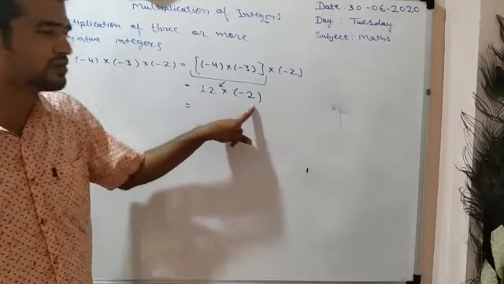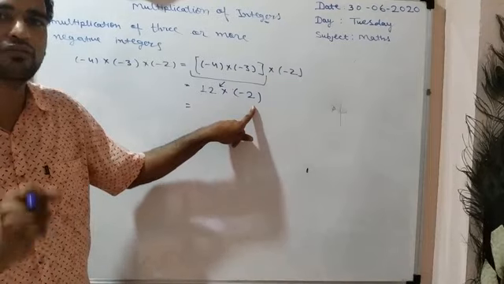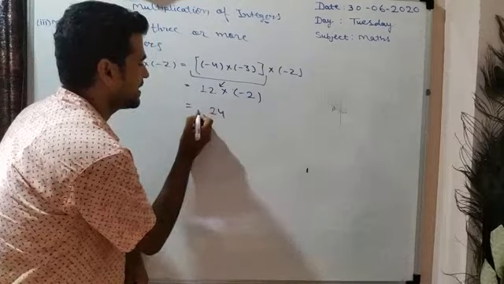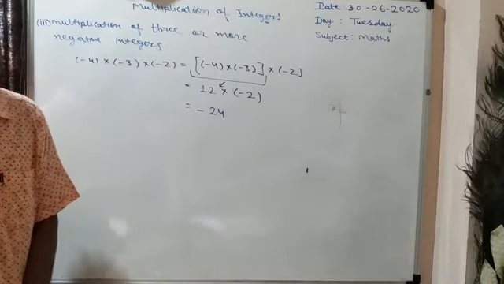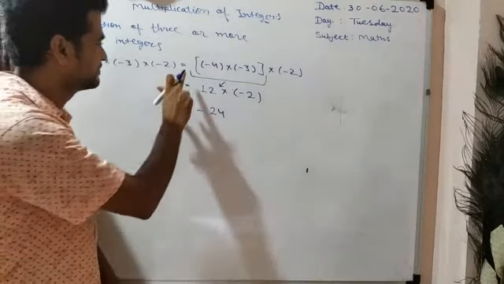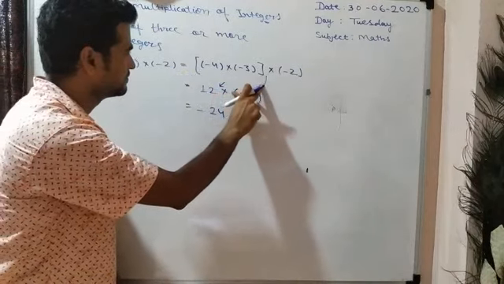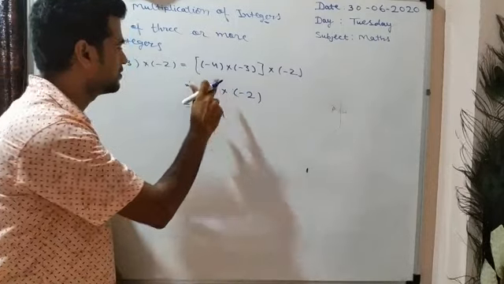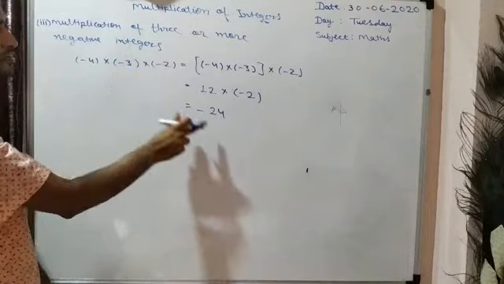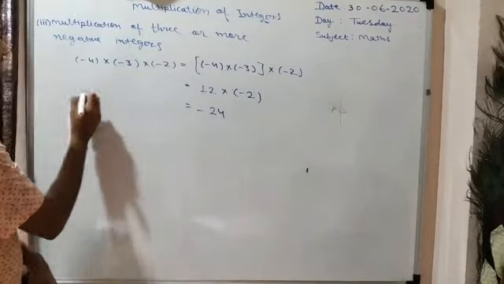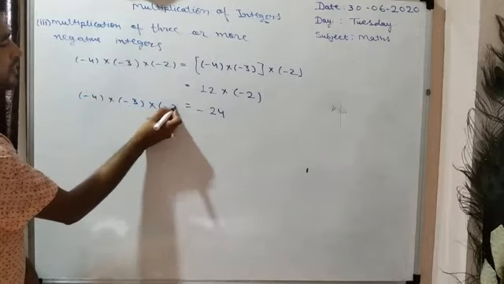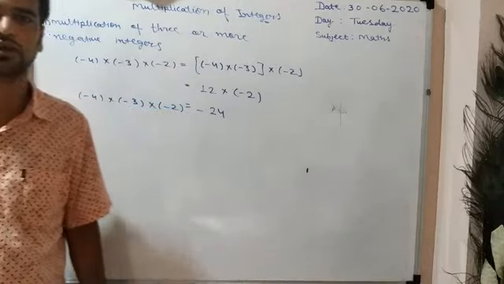So 12 2s are 24, right? And this minus sign we will put here. So what is the answer of -4 into -3 into -2? It is -24.